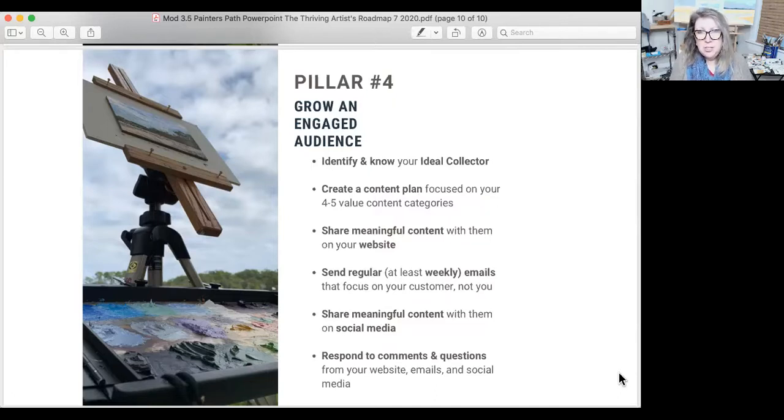So dive on into the workbook, fill in those blanks. I want you to explore any of the things that you already might be doing in this arena, because I know some of you already have websites. Some of you already have an email list. Note that down. I want you to see where the holes are and where you're going to need to work on things over the next 90 days. Notice I did not say next week.